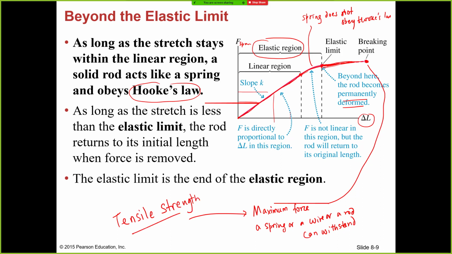Tensile strength is the ratio of the maximum force over area. Actually, it's not a force, it's the maximum force over area. At this point the object breaks, but the force at that point is called just the maximum force, and if you divide that force by the area, then that's called tensile strength.